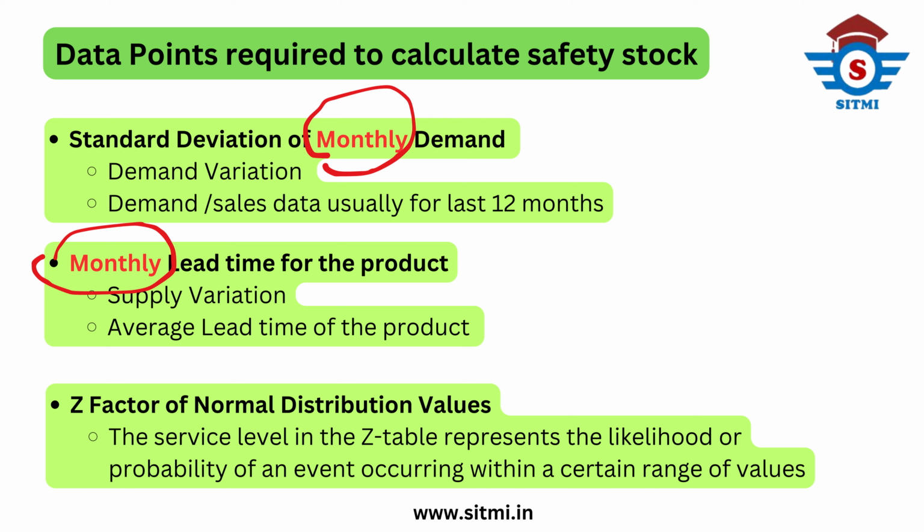For example, if we consider a service level of 95%, then that means there is a 95% probability that the demand for a product will be met from available inventory without any shortages or stockouts. In other words, it also reflects the desired level of customer service or customer satisfaction by ensuring a sufficient supply of goods.